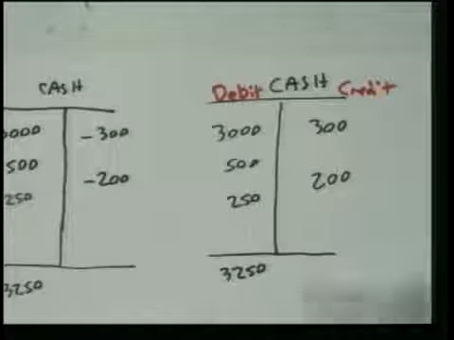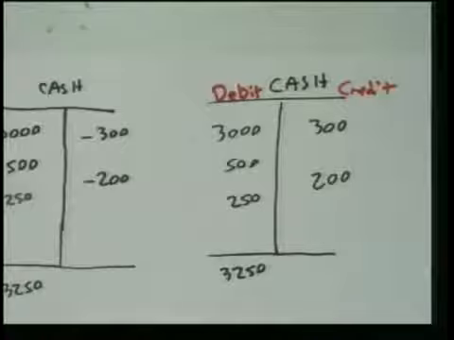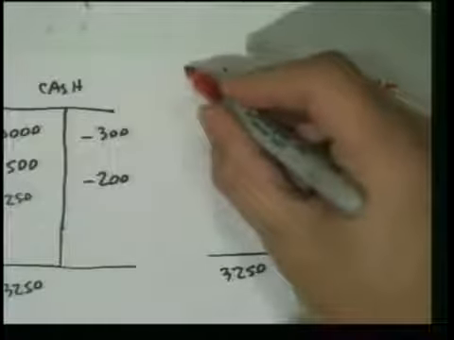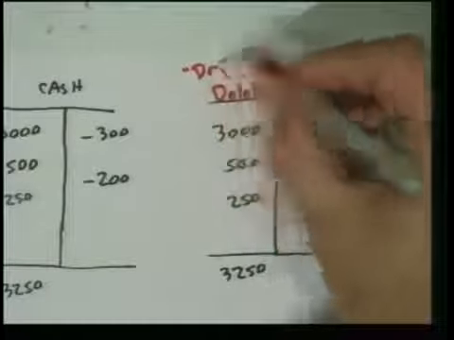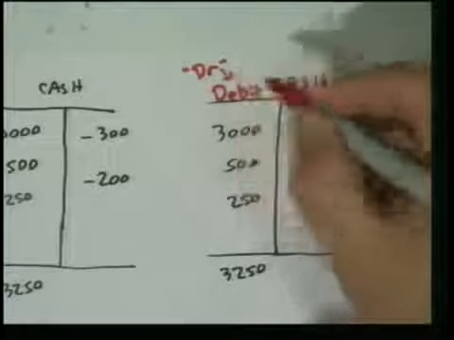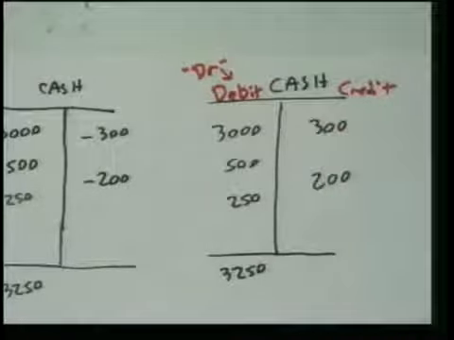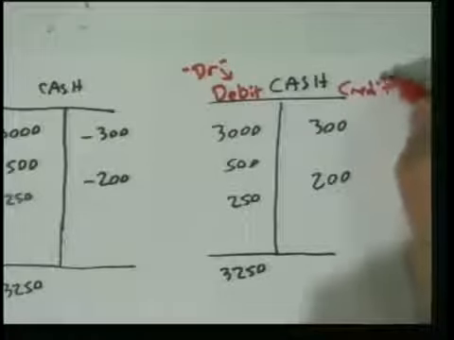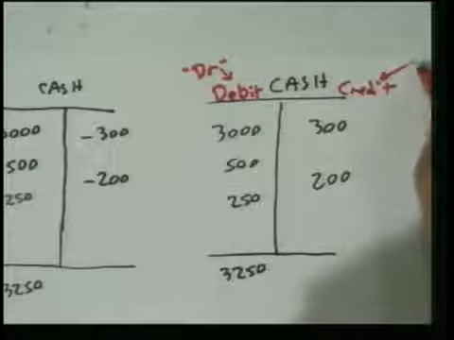The left side of a T account is called the debit side, and the right side is called the credit side. And we abbreviate debit with DR. And don't ask me why. I know it doesn't have an R in it. But the way we abbreviate debit is with DR. The way we abbreviate credit is with CR.